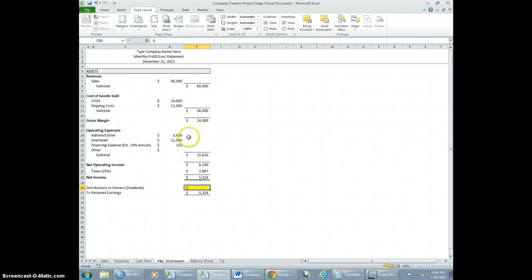Are there things we can adjust to improve our efficiency or our profitability? That's one of the questions addressed in the write-up portion of this component of the stage: how can you increase profitability for your company?